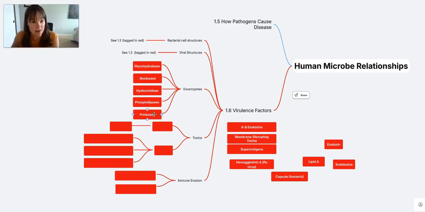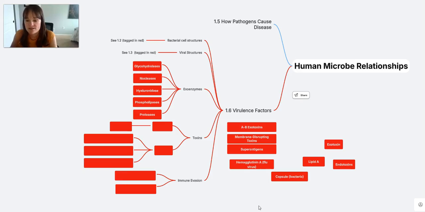And if a pathogen has one or a combination of these enzymes, it's increasing their ability that they can invade deeper into the tissues, or they can often damage those tissues in a way that makes it likely to cause disease. Okay, so let's go to toxins, and I have 2 major types of toxins. Let's see if you can figure out, using the terms here, what those are.